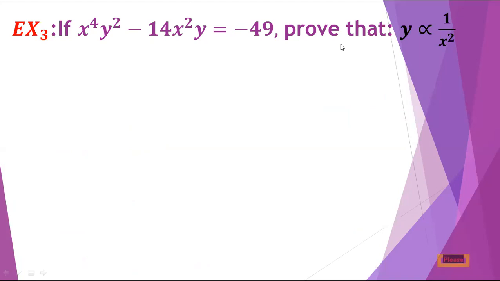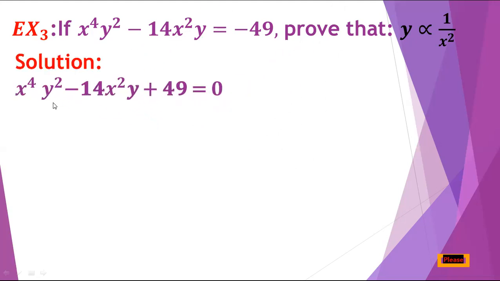The first step here, I will transfer negative 49 to the other side with a negative sign. Then we have x power 4 y power 2 minus 14 x power 2 y plus 49 equals 0. We notice that this trinomial is a perfect square.